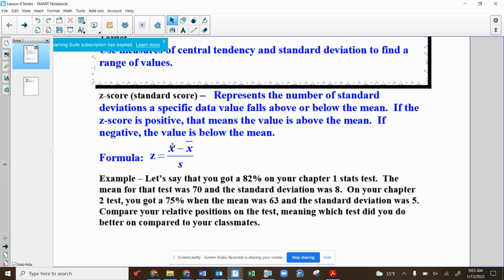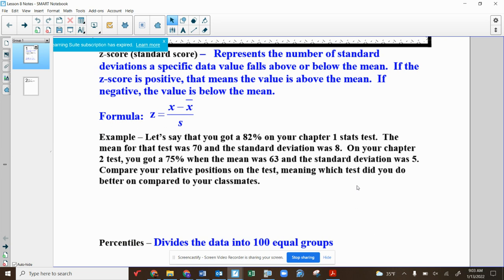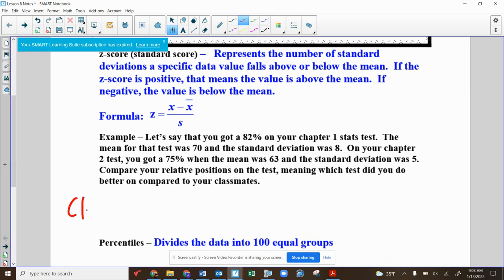Here's the formula for it. It's going to be whatever score you're dealing with minus the mean divided by the standard deviation. All right, so we're going to do two things where we're going to compare them here. So we've got a chapter 1 test and a chapter 2 test.